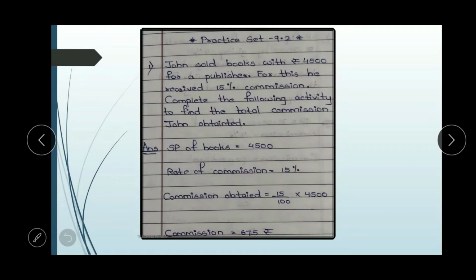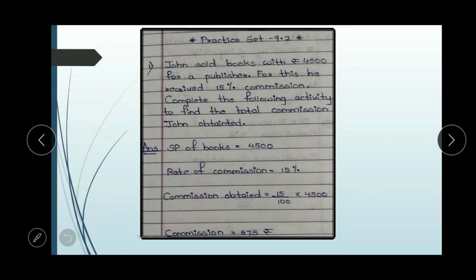So now, what do you mean by commission actually? Suppose you want to buy a house. The seller who is selling the house does not have contacts of all the people in the world, right? So he appoints an agent. Different agents are there.